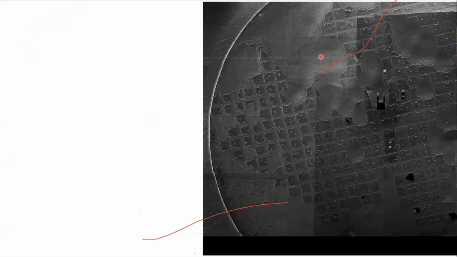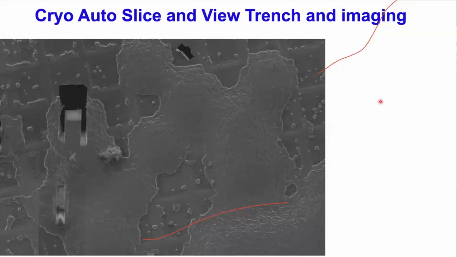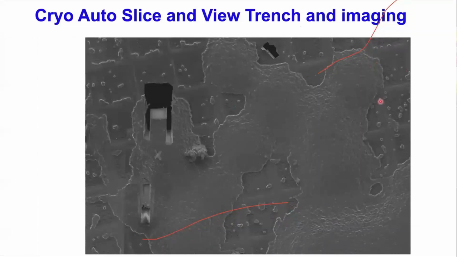These are the yeast cells on the grid. We have milled a trench for auto slice and view options. So now it's going to be more clear for you. Slowly it's going to be improved, and the other part we used for the lamella.